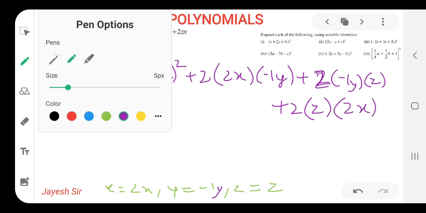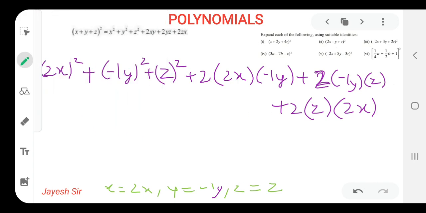Now we have almost completed our sum. So we'll write the final step and we'll get the answer, friends. 2x square, that means 4x square, -1 square, that means +1, and y square means plus y square, plus z square, plus 2 2s are 4, and 4 into -1, that means -4. So I'm writing -4 x into y, xy.